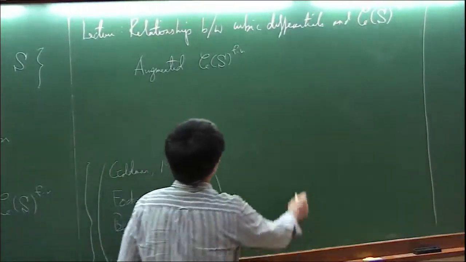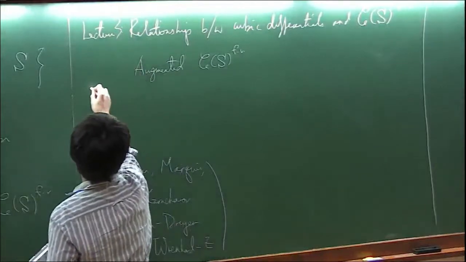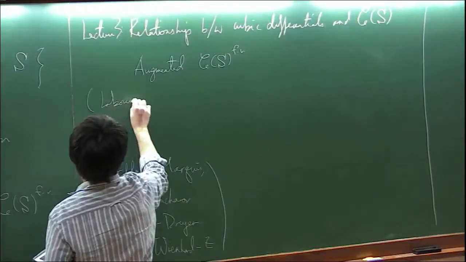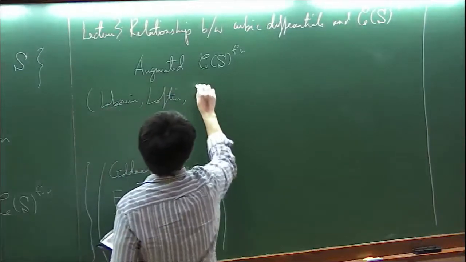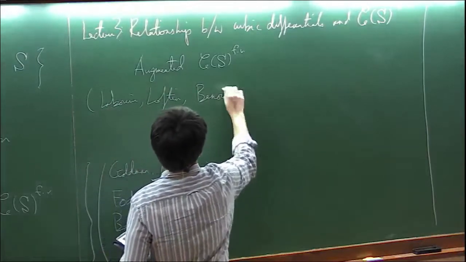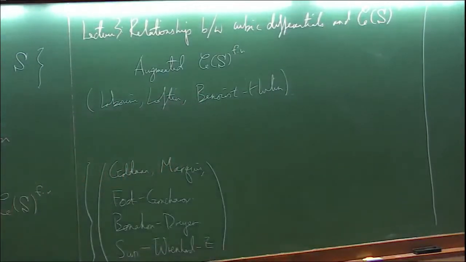And for the stuff in lecture 3, I'm going to use the work of Labourie, Loftin, and also Benoist and Hulin. So this is roughly what I'm going to cover in the lectures.